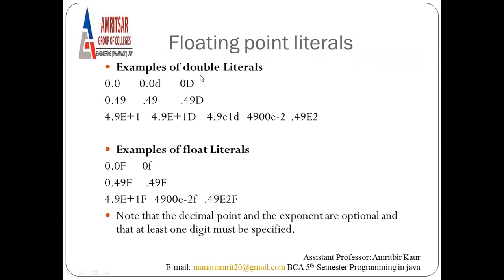If we write 2d here, the compiler will automatically convert it into a floating point like 2.0. Note that the decimal point and exponent are optional. We can write a floating value without a decimal and without an exponent. The exponent is not compulsory; as per our requirement, we can remove it. At least one digit must be specified.